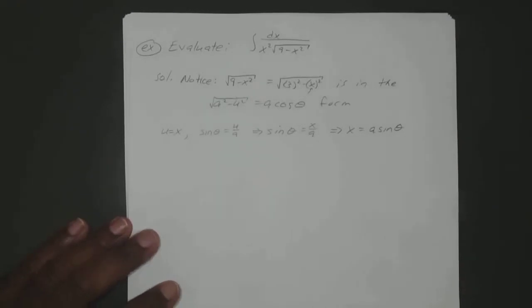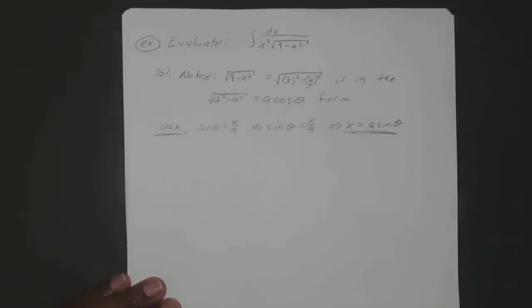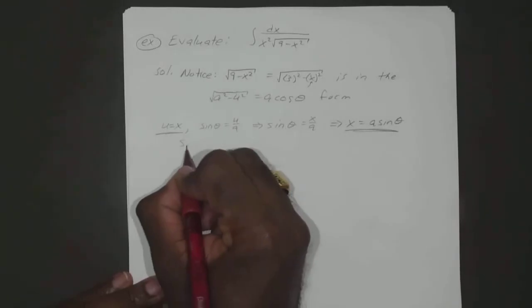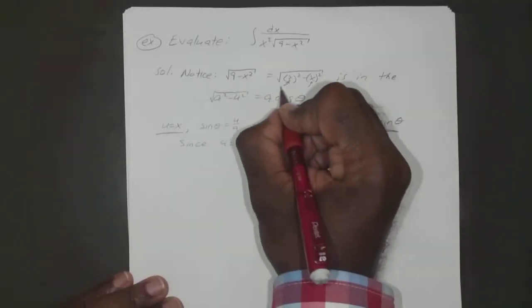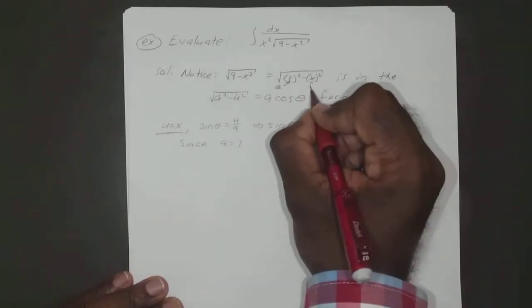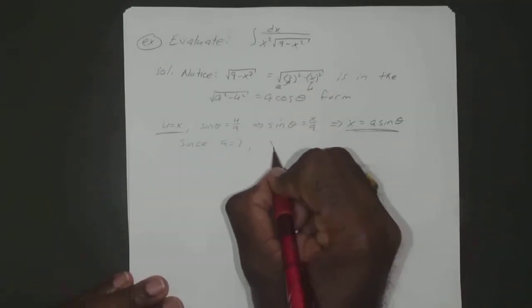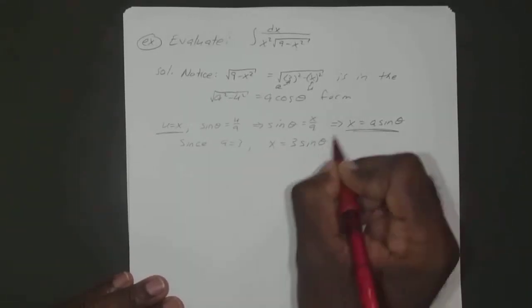So instead of u, it's just x equals a sine of theta. Remember that's still your a, and that's your u. Since a is equal to 3, we know that x is equal to 3 sine of theta.